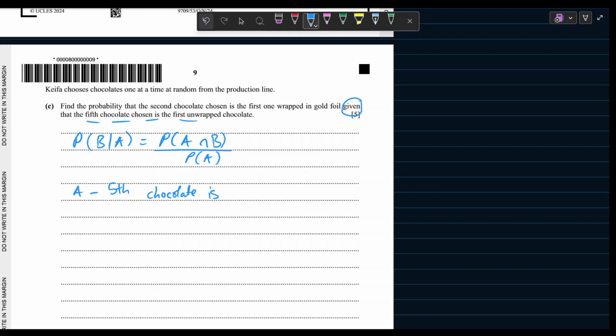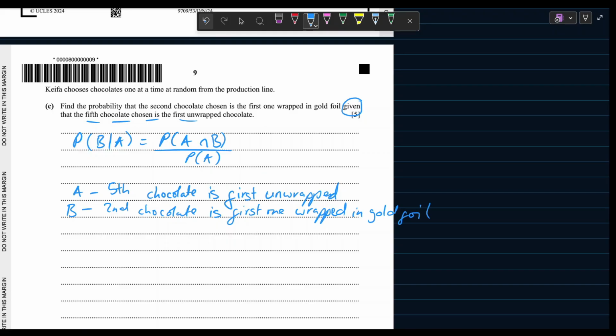And then B would be the other event. Find the probability that second chocolate chosen is first one wrapped in gold foil.